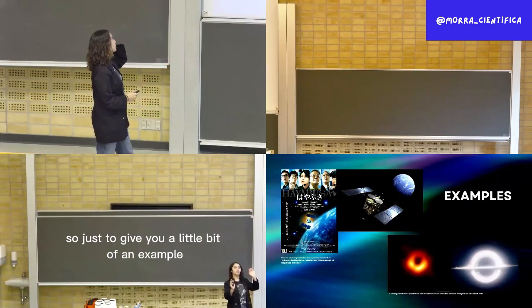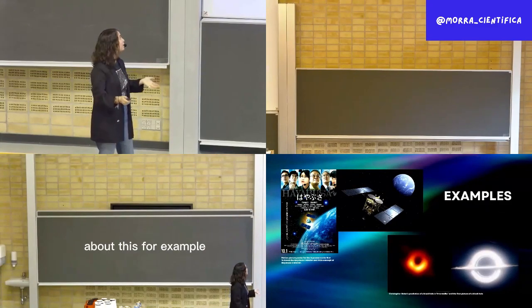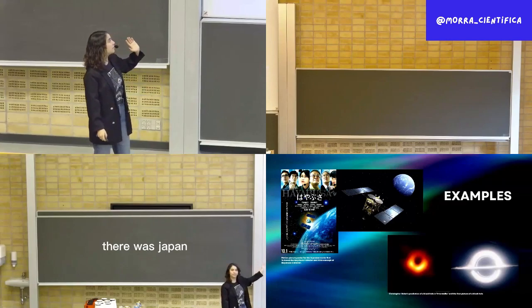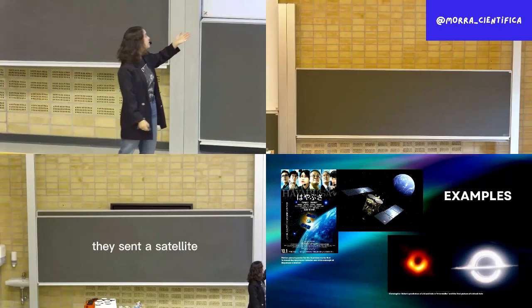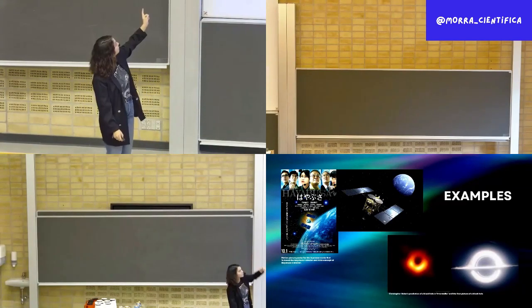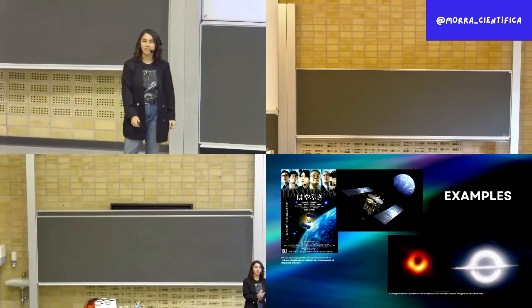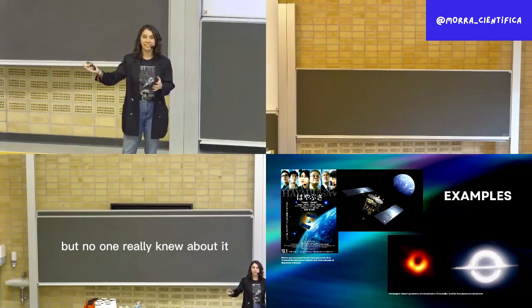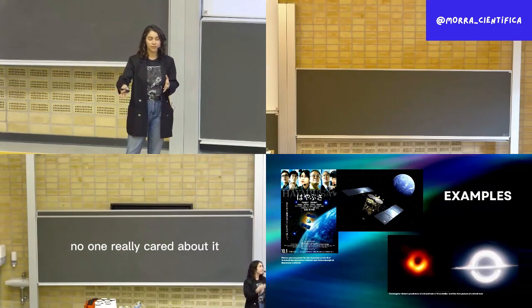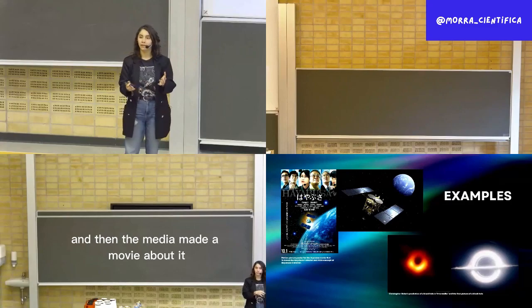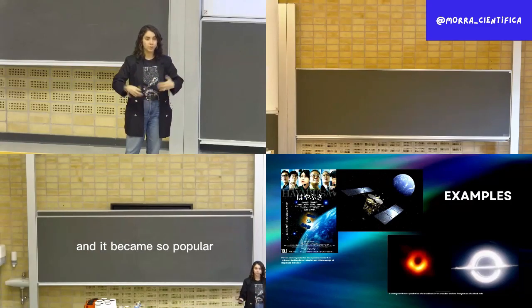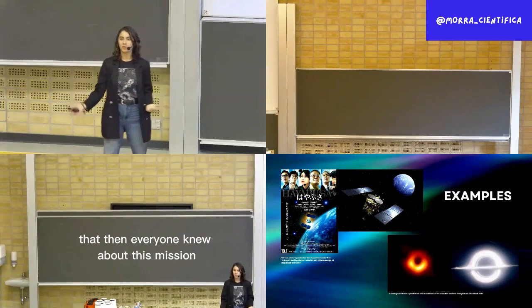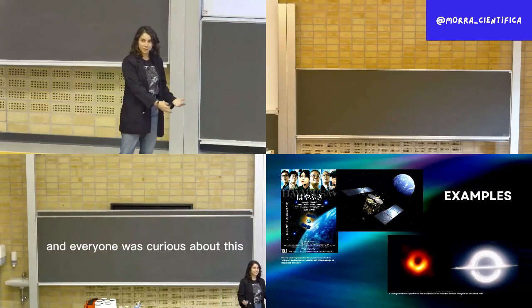So just to give you a little example about this, for example, there was Japan. They sent a satellite, the Hayabusa one, and they were very proud of it, but no one really knew about it, no one really cared about it, and then the media made a movie about it, and it became so popular that then everyone knew about this mission, and everyone was curious about this.